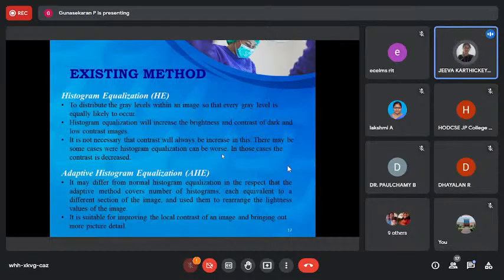It increases the brightness and contrast of dark and low contrast images. Adaptive histogram equalization differs from the normal histogram because it works with respect to particular adaptive points, enhancing those points in the gray levels. So it is suitable for improving the local contrast of an image and bringing out more picture details.